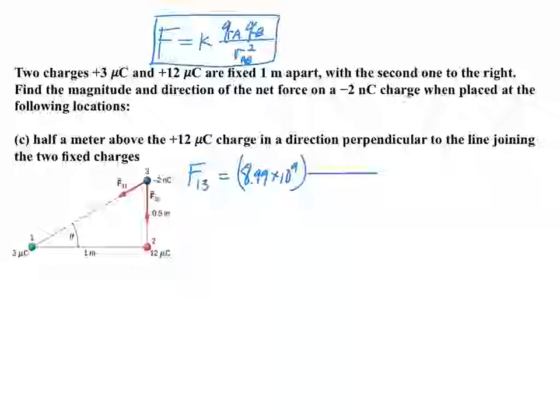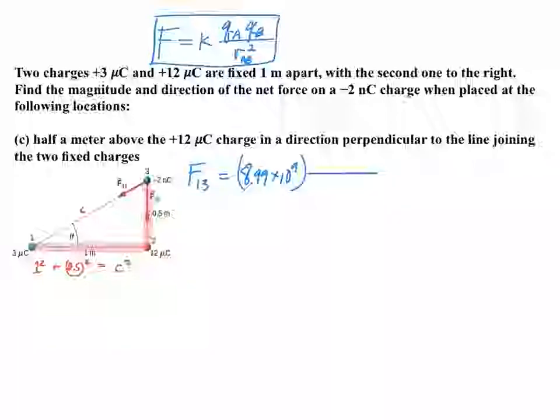So here's the thing to think about. If I come over here, here's one leg of a right triangle, and here's another leg of that right triangle. Here's a distance, here's a distance. And so by Pythagorean theorem, 1 squared plus 0.5 squared will equal c squared, if we pick that to be our c side.